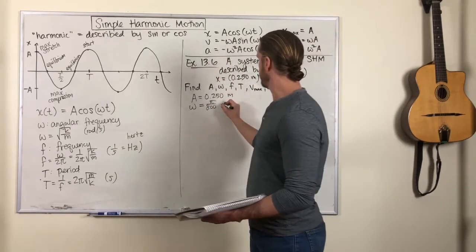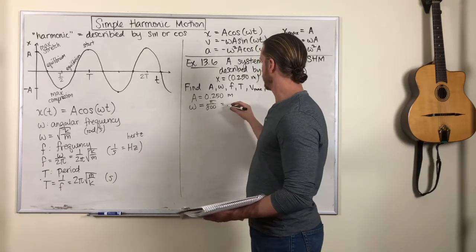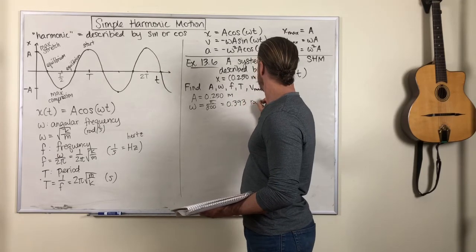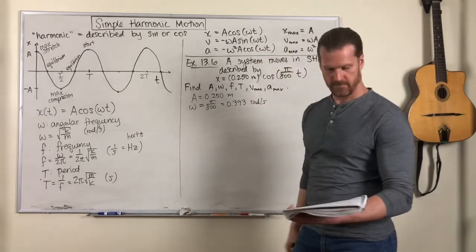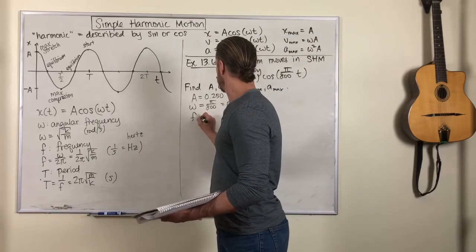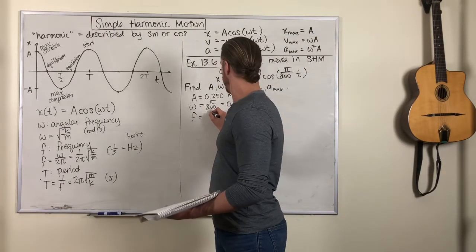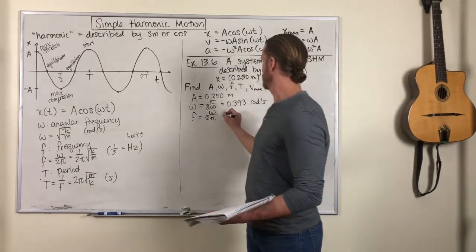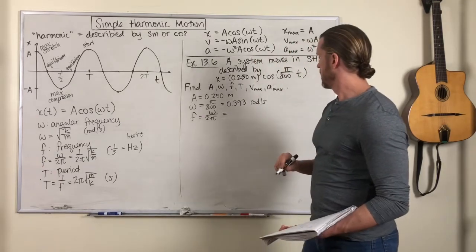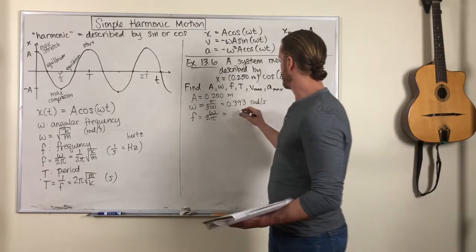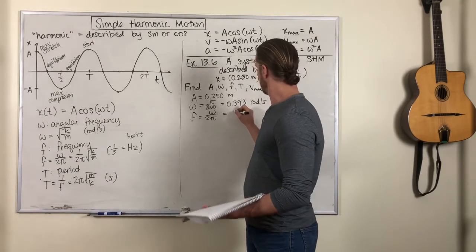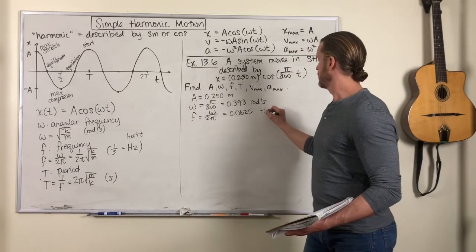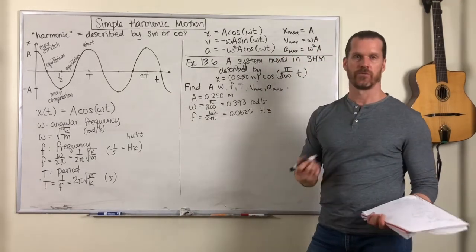And if you actually do that little calculation, it gives you 0.393 radians per second. Frequency is omega over 2 pi, which would be 1 over 16, or 0.0625 hertz, or 1 over seconds.